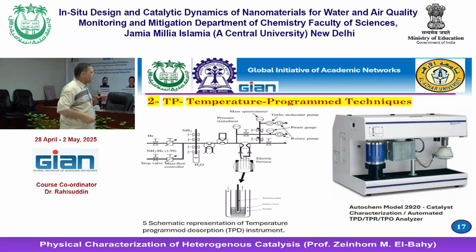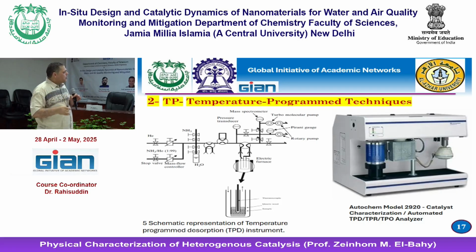This is the modern one for this characterization, and in this case, it has many of the types of TPD, TPR, TPO analyzer. It has all. Just you click and you can make it as you want according to the gas you add to this instrument. This is a simple diagram, shows how it works.